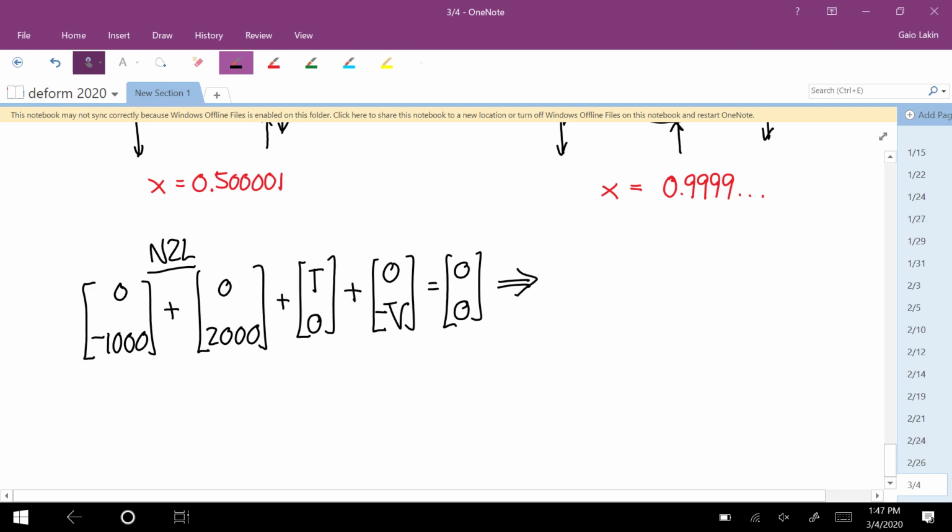And so here we get T is equal to 0 still. This time V is equal to positive 1,000 newtons.